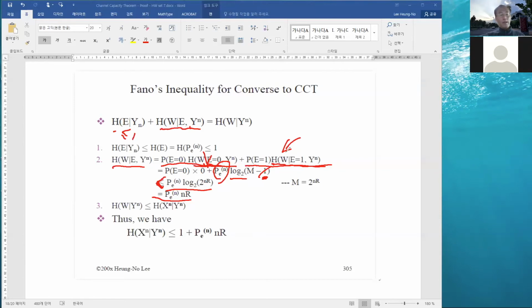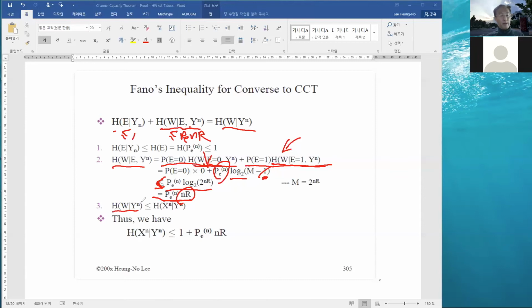Compared to 1, taking 1 away doesn't make much difference, so we can just use the inequality. So PE times log 2 of 2 to the nR, so we have nR right here. All right, so that's the second part: PE times nR.